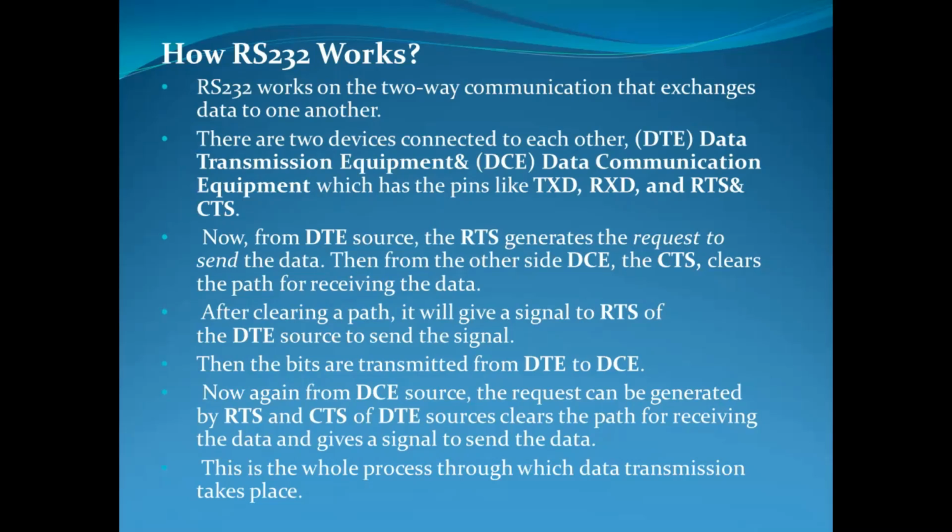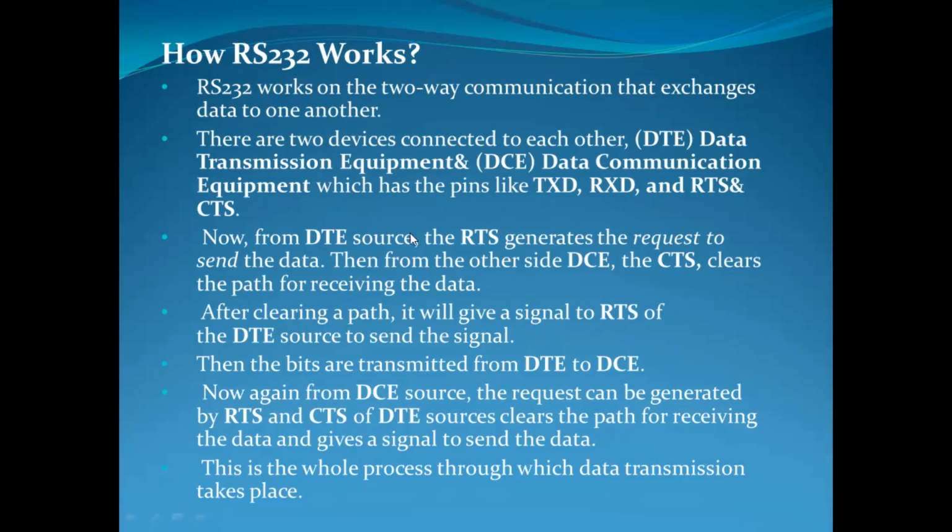Whereas in full duplex mode, a transmitter and a receiver can transmit and receive data at the same time. There are two devices connected to each other, DTE, data terminal equipment, and DCE, data communication equipment, which have pins like TxD, RxD, RTS and CTS.